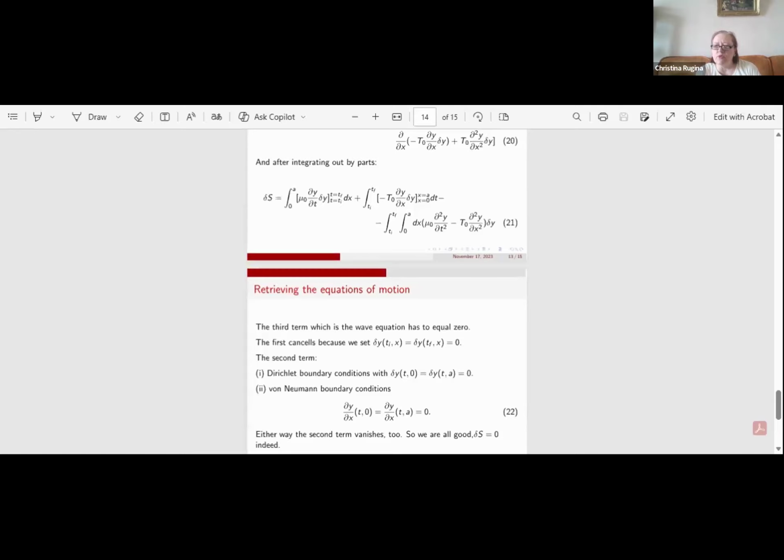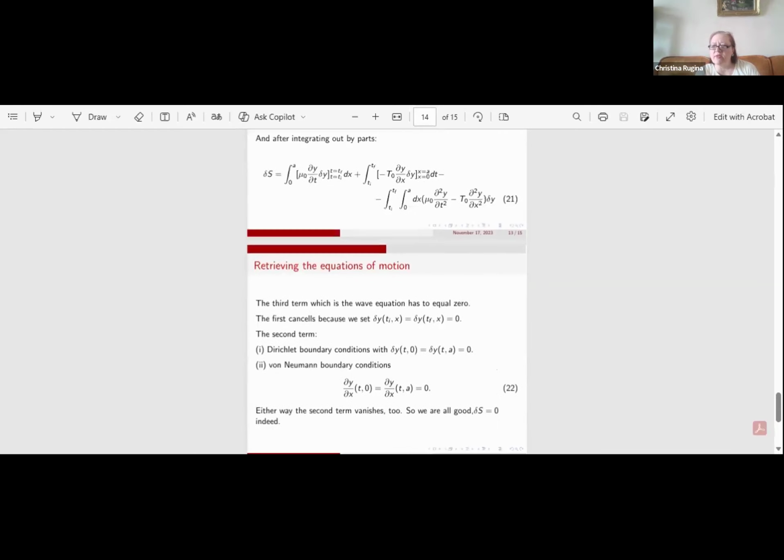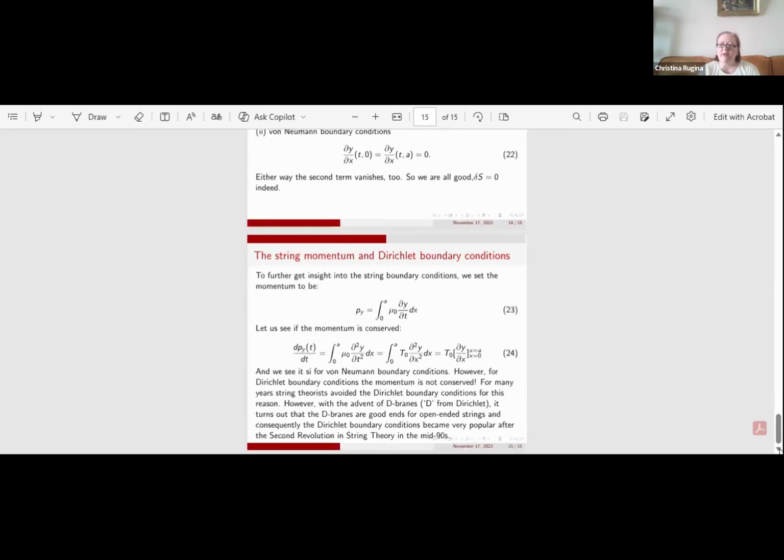So the only term left is this one, and those are the equations of motion. And it's what we derived before. So if you look carefully at this term and you make it equal to 0, you retrieve the wave equation. So that's from Lagrangian considerations.